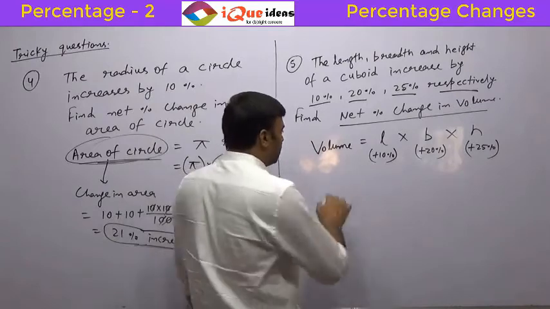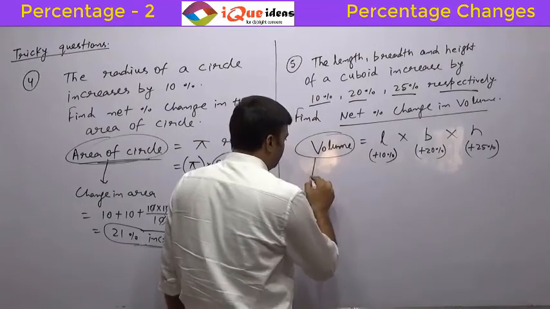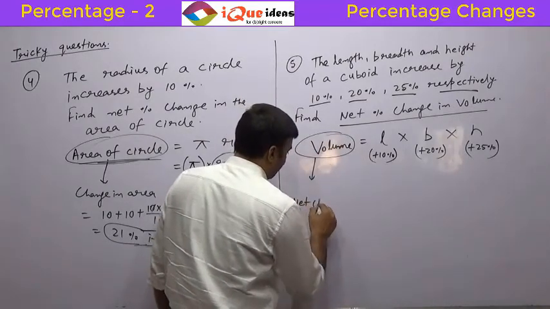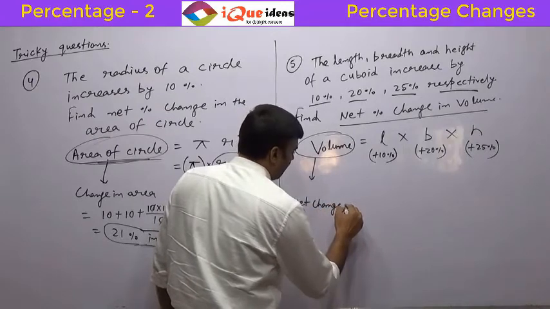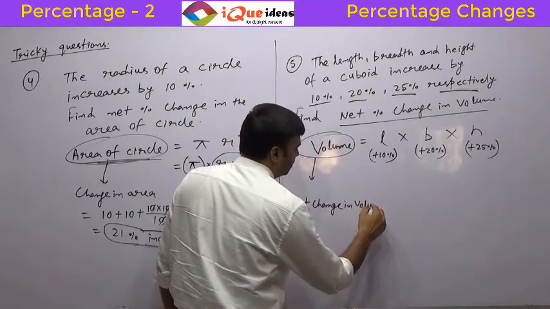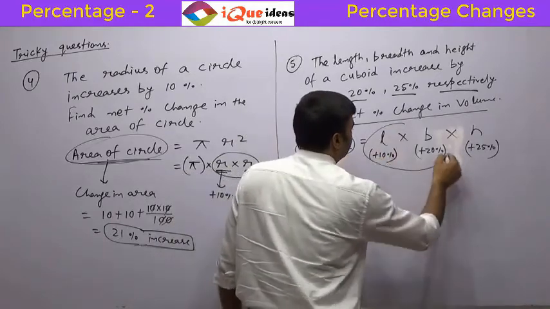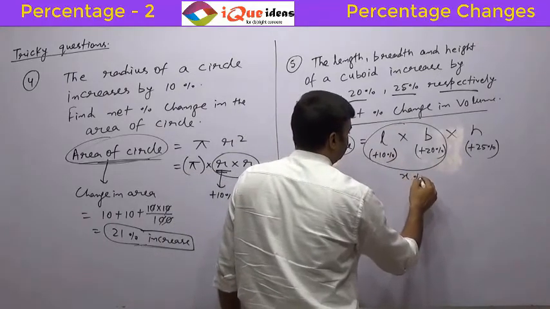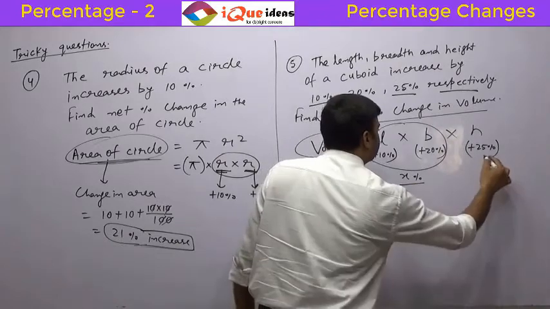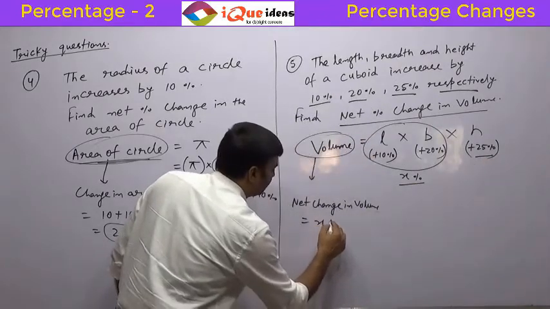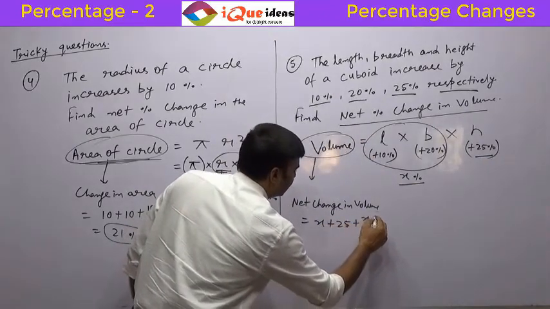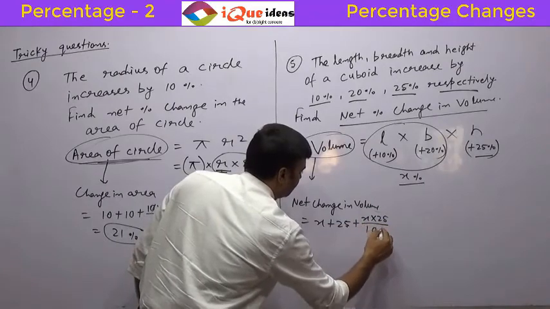So to find the net change in volume, because we have the formula only for two changes, first we calculate the net change of these two, let's say it is x%, and then we find the net change of x and 25. So here it will be x plus 25 plus x into 25 by 100, right?